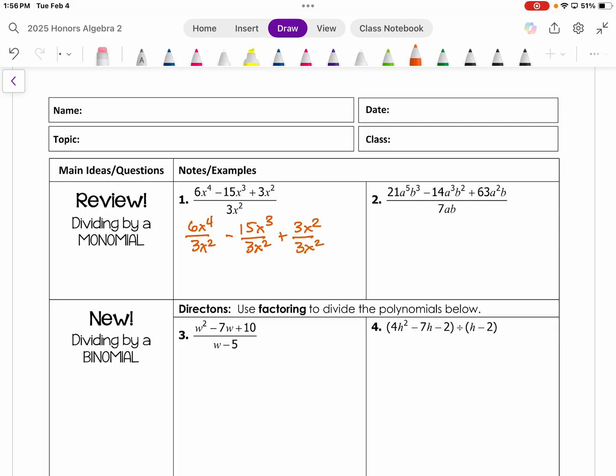Again, I'm allowed to do that when the bottom is a one-term thing. When you start putting pluses and minuses between things on the bottom, you can't split it up. The whole bottom is going to go with each part.